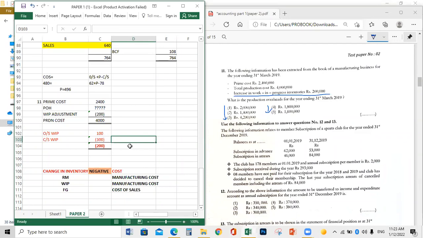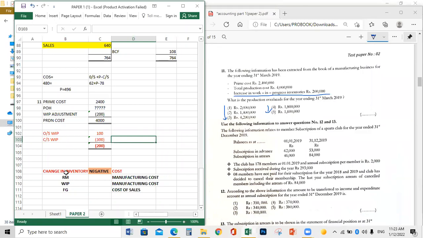I'm not talking about the opening stock or the closing stock. I'm talking about the change. When the closing stock increases compared to the opening stock, manufacturing cost decreases. When the closing work in progress increases compared to the opening work in progress, manufacturing cost decreases.